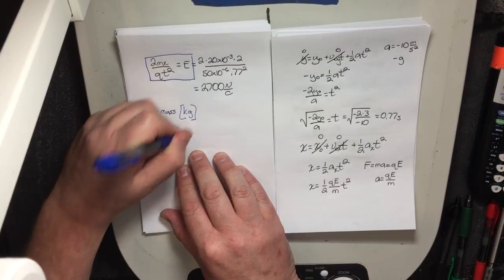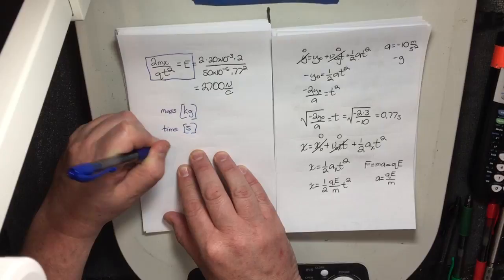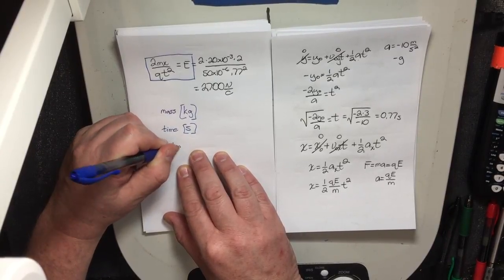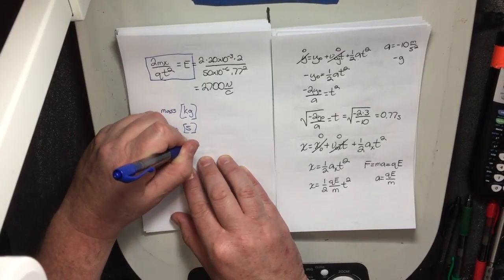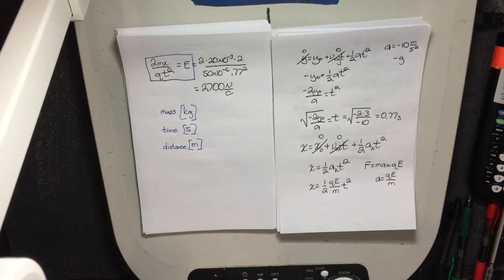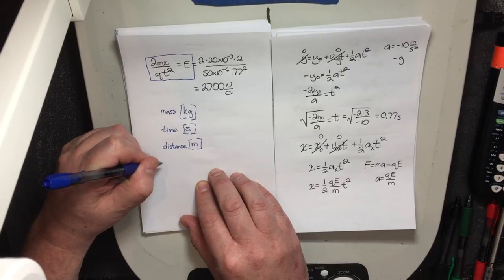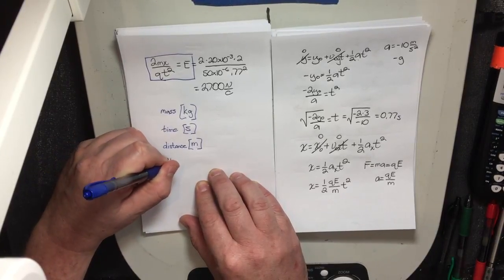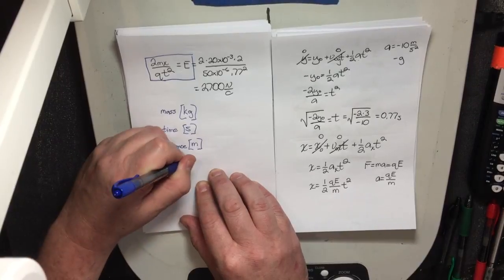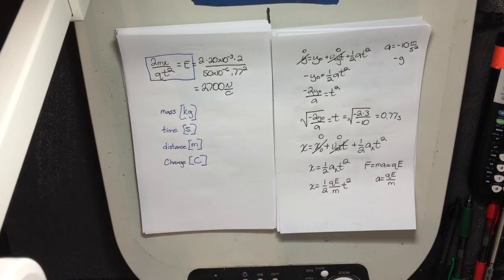For time, seconds. For distance or volume or area, it needs to be in multiples of meters. Now that we're dealing with charge, it has to be in units of Coulomb.